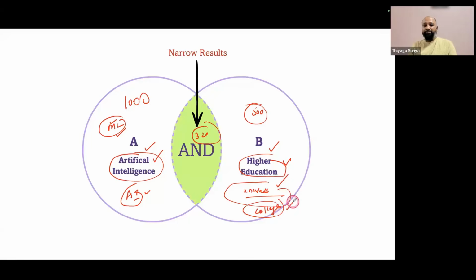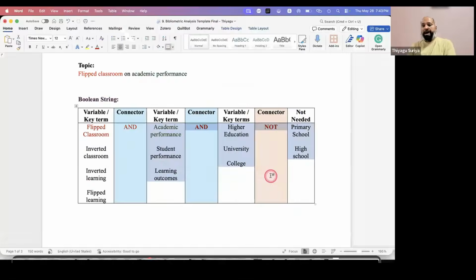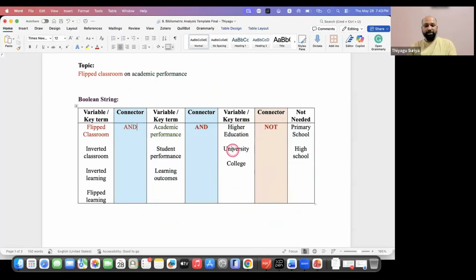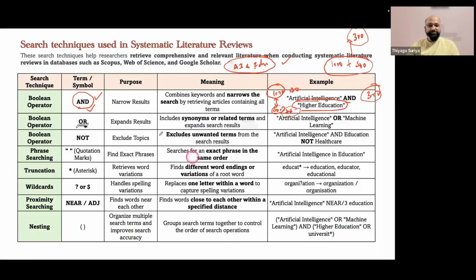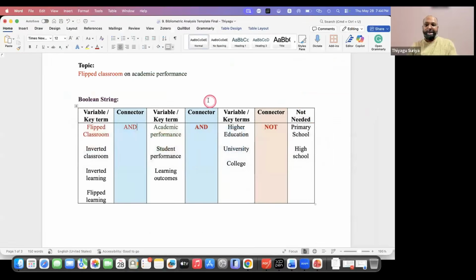So I'm going to introduce another search term. It is called OR. So what is OR? OR means they expand the research, right? For example, artificial intelligence OR machine learning. Wherever some articles talk about artificial intelligence and some articles talk about machine learning, both are going to be identified.